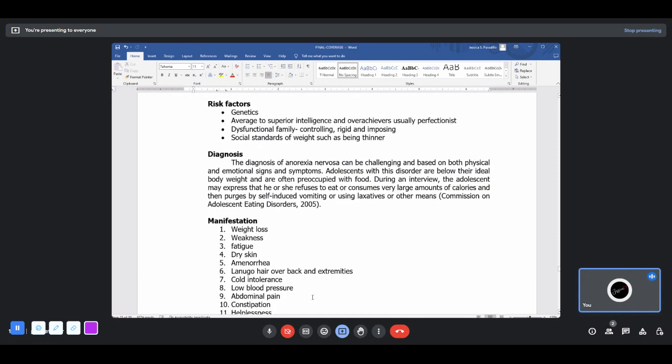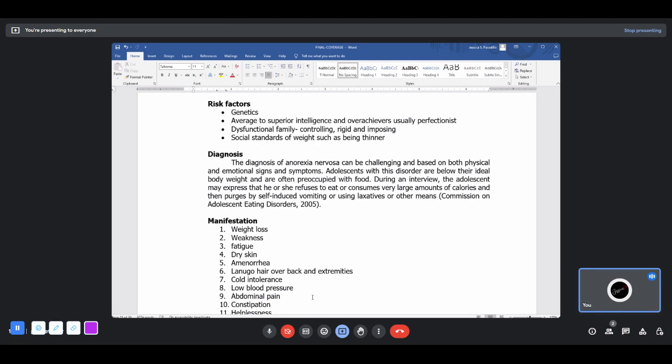For the risk factors naman, we have genetics and also average to superior intelligence and overachievers, usually yung mga perfectionist. And then yung mga may dysfunctional family, controlling, okay, rigid and imposing ang mga family members. Okay, they are at risk for eating disorders. Another one is social standards of weight such as being thinner.